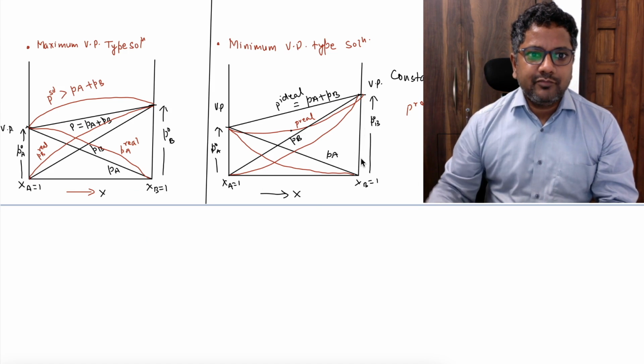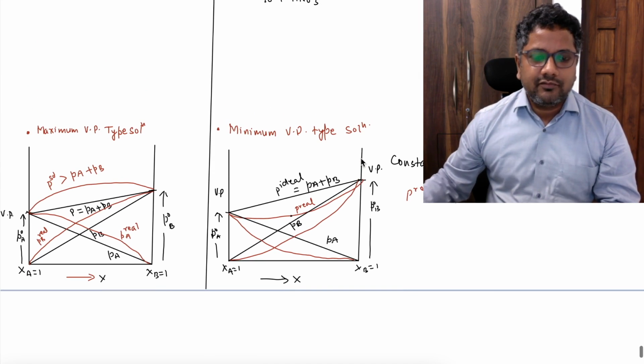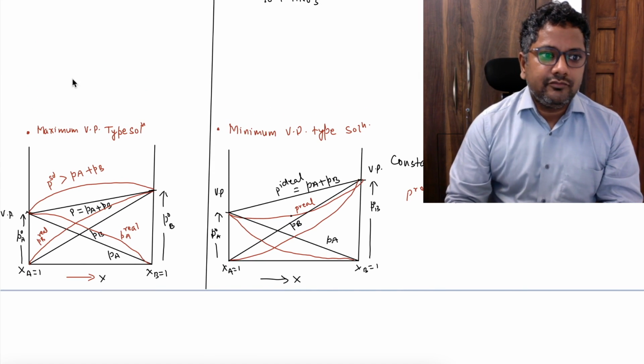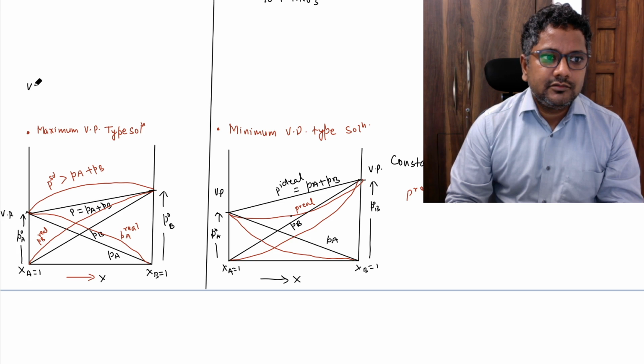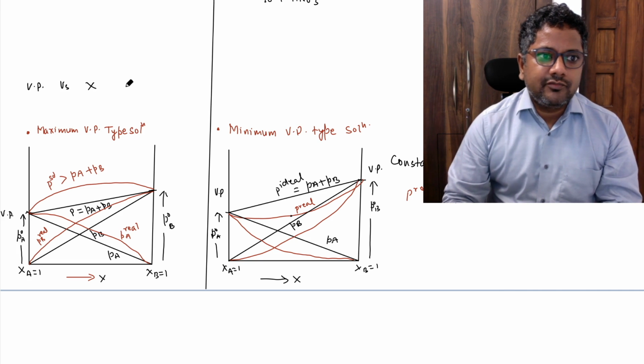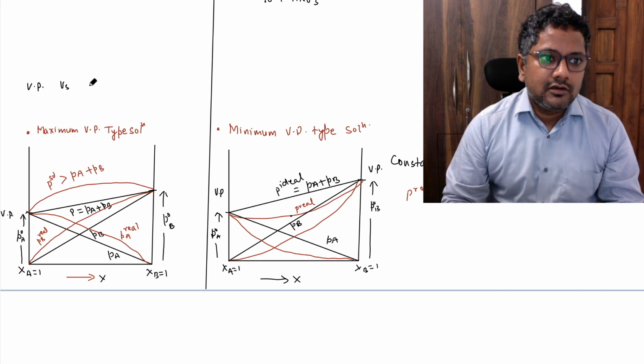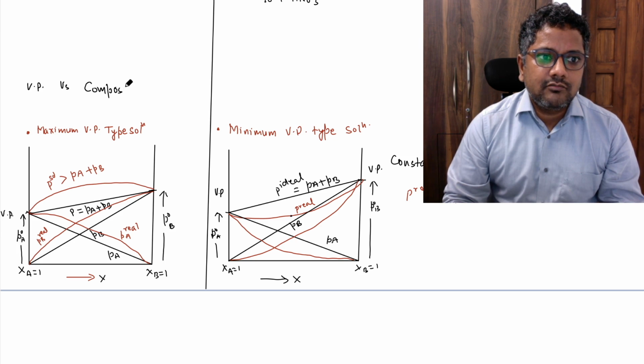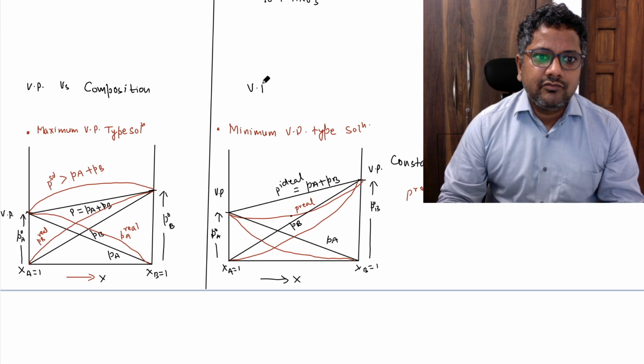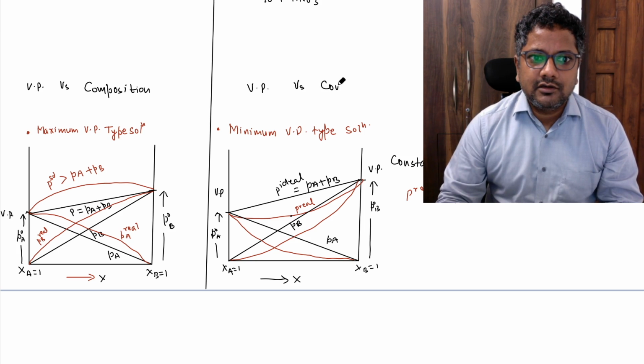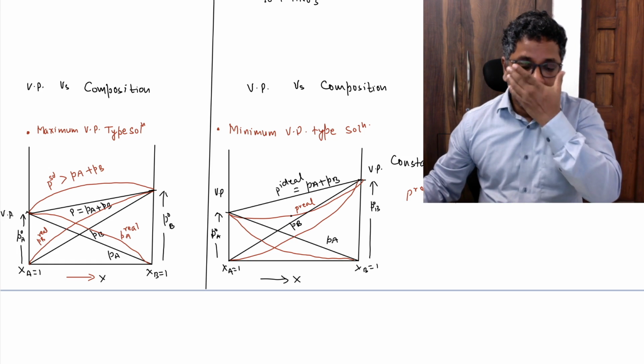So this is the vapor pressure versus composition curve for positive deviation, and this is vapor pressure versus composition for negative deviation.